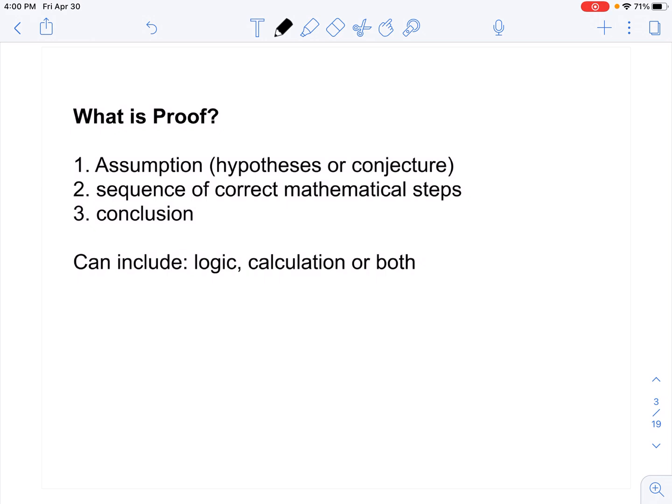And then you use a sequence of correct mathematical steps using logic, using deductive reasoning, and then we arrive at a conclusion. Our sequence of steps can include calculation or logic, definitions, theorems, or both.